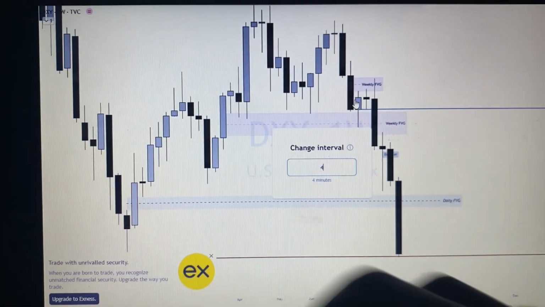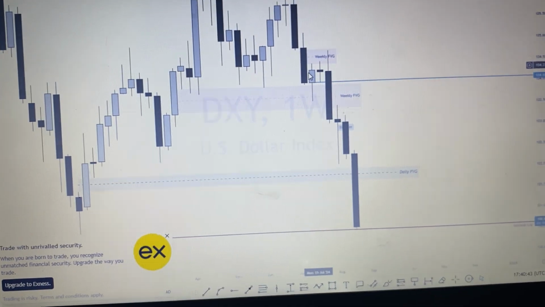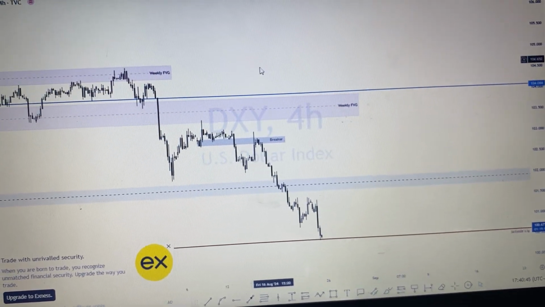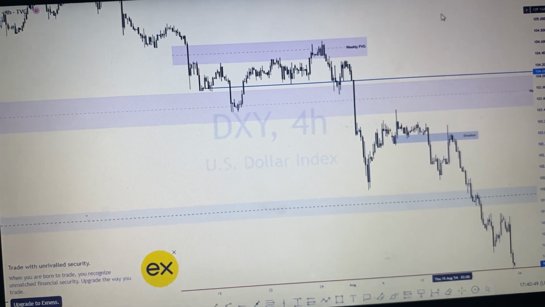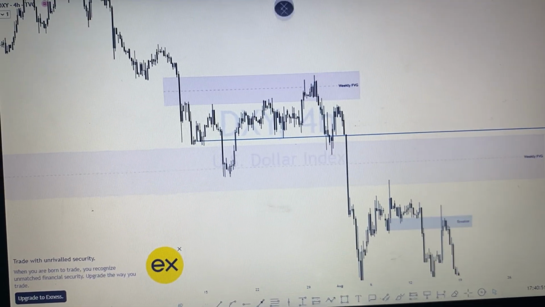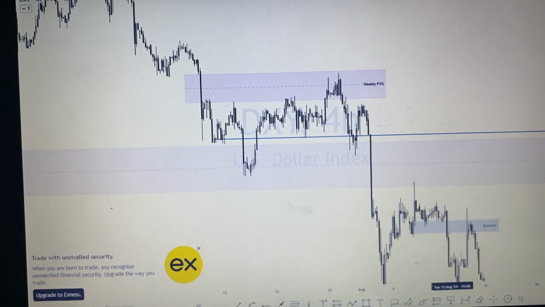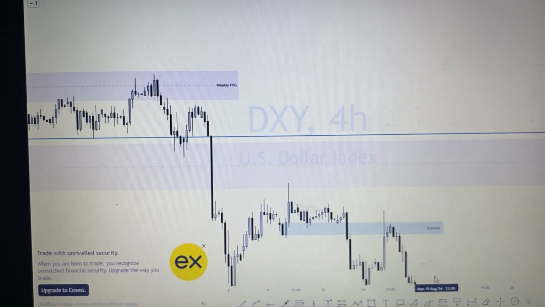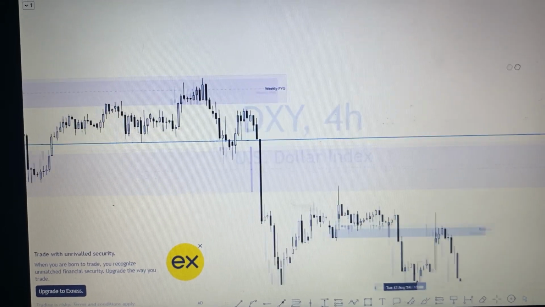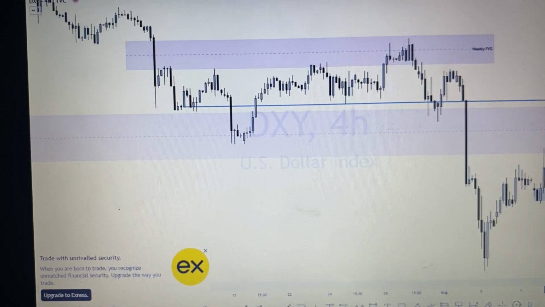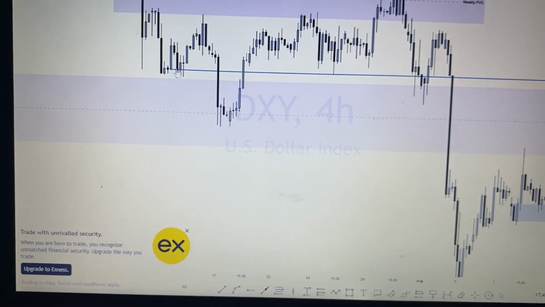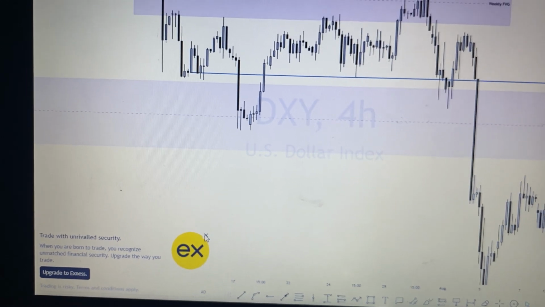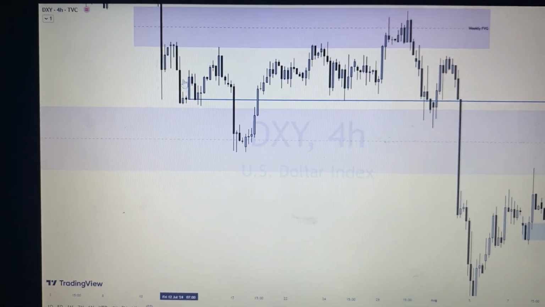So we're gonna go to the 4-hour time frame, and then we're gonna look at the weekly open. If you watch my first video, you'll see that this is actually what I was doing in the first video. So we're gonna go to the open of that week that I was highlighting on the weekly time frame.